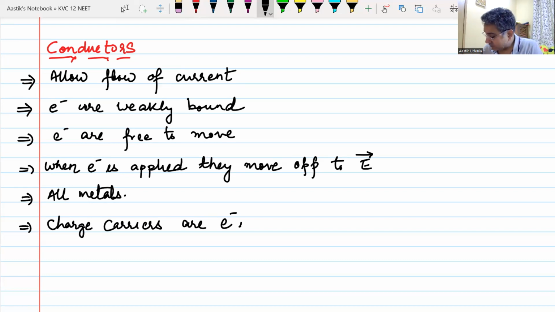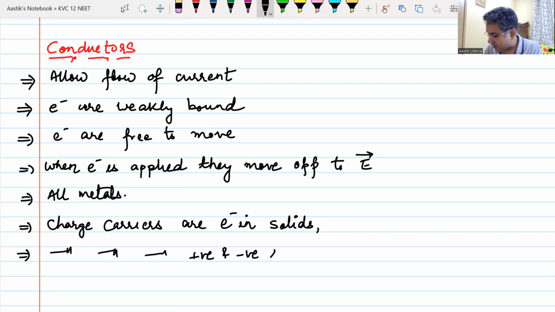Charge carriers in solids are electrons. In liquids, charge carriers are positive and negative ions.